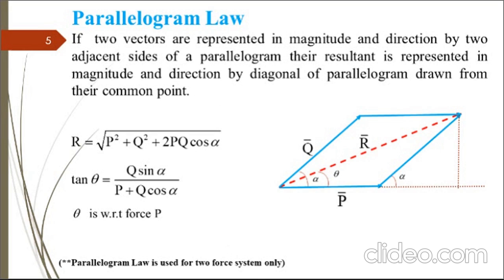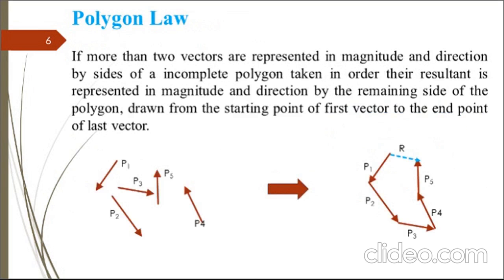If there are more than two, these two methods are not used at all. Whenever there are more than two forces in a system, we use the next two methods, that is the polygon law or the resolution and composition method, to find the resultant. Let's see the polygon law.